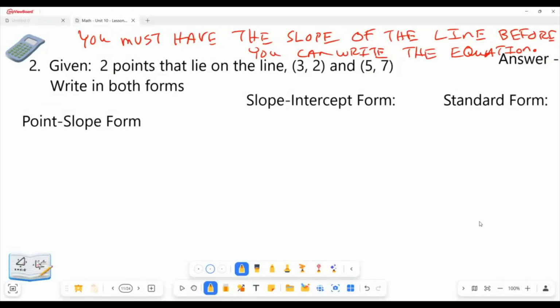You have to have the slope of the line before you can write the equation. I don't have the slope.